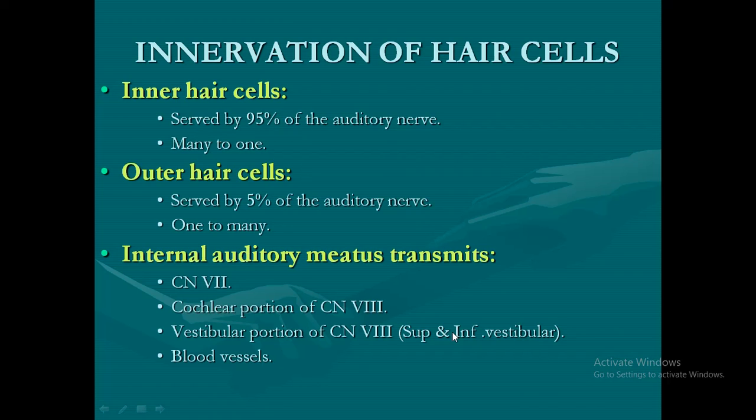Here I've written it, so the rest of the 2 compartments, because the internal auditory meatus is a chamber that is further divided into 4 compartments. It was occupied superiorly by the facial nerve and inferiorly by the cochlear nerve. And then of the 2 chambers that were left, the superior chamber was filled by the superior vestibular nerve, and the inferior one was occupied by the inferior vestibular nerve.